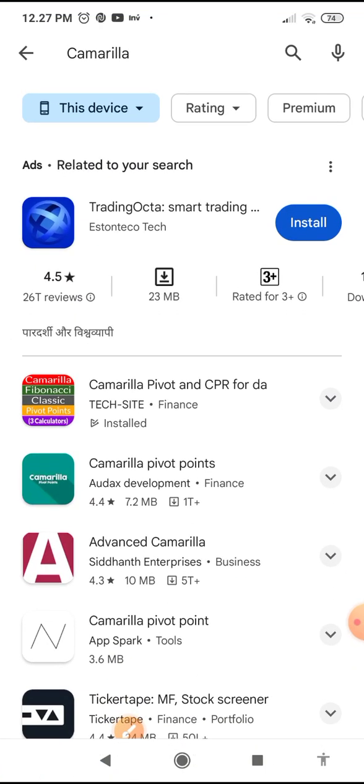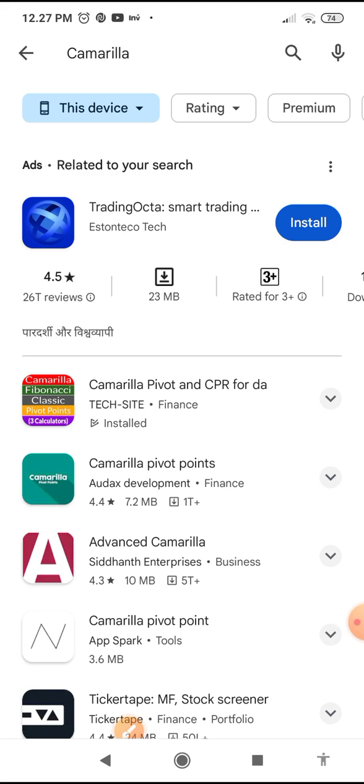So I am on Play Store right now, and I have typed Camarilla. Now when I typed Camarilla, I got some apps below. The first one is Camarilla Pivot and CPR. So this is by TechSite, and this is the one we will choose.